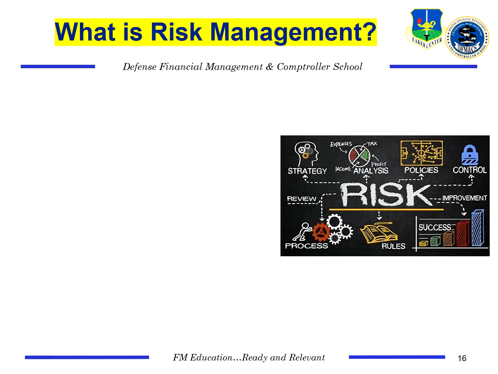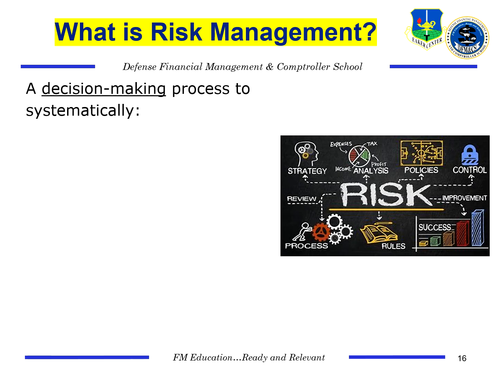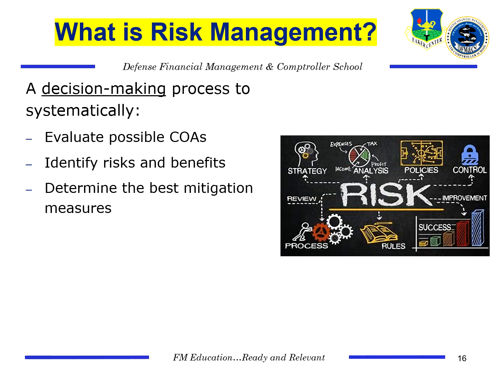All right, now I'm going to talk about risk management. Risk management is a decision-making process to systematically evaluate possible courses of action, identify risks and benefits, and determine the best mitigation measures.